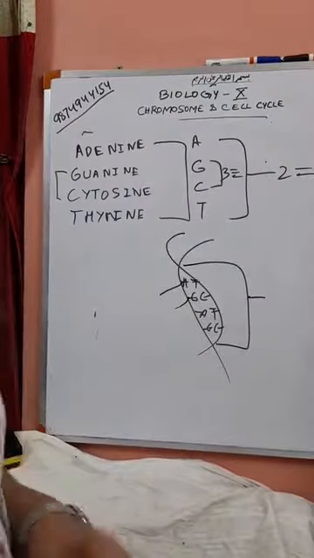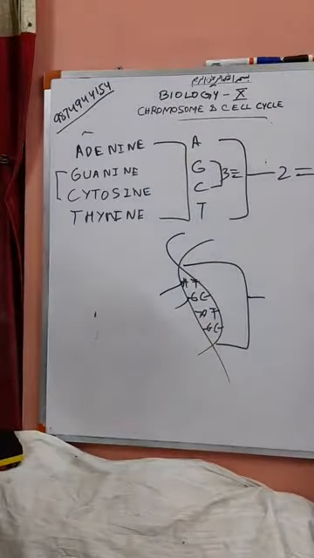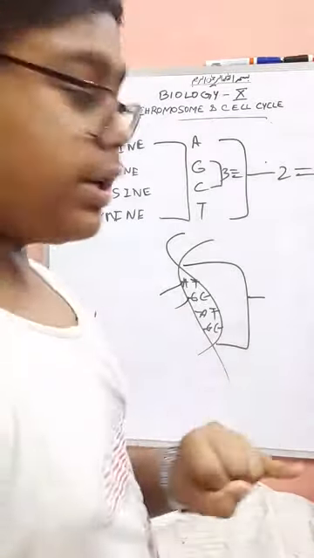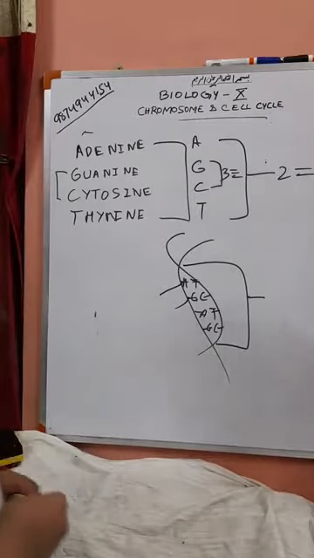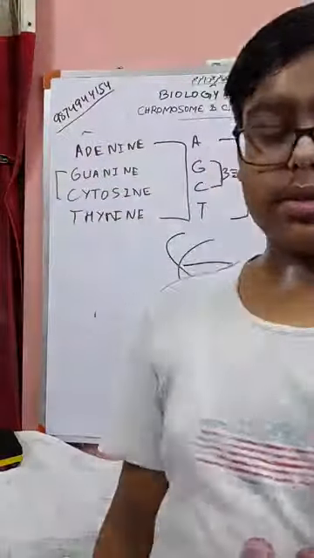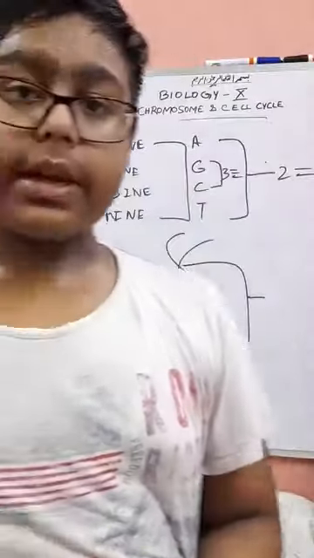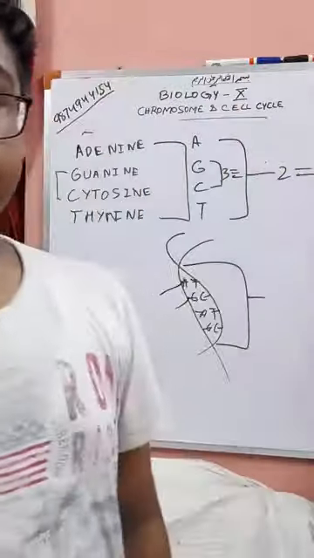Now, the picture diagram which I had shown was a diagram of a nucleotide. Now coming to the histone proteins, the chromatin, I told that the chromatin was compacted, condensed into chromosomes.